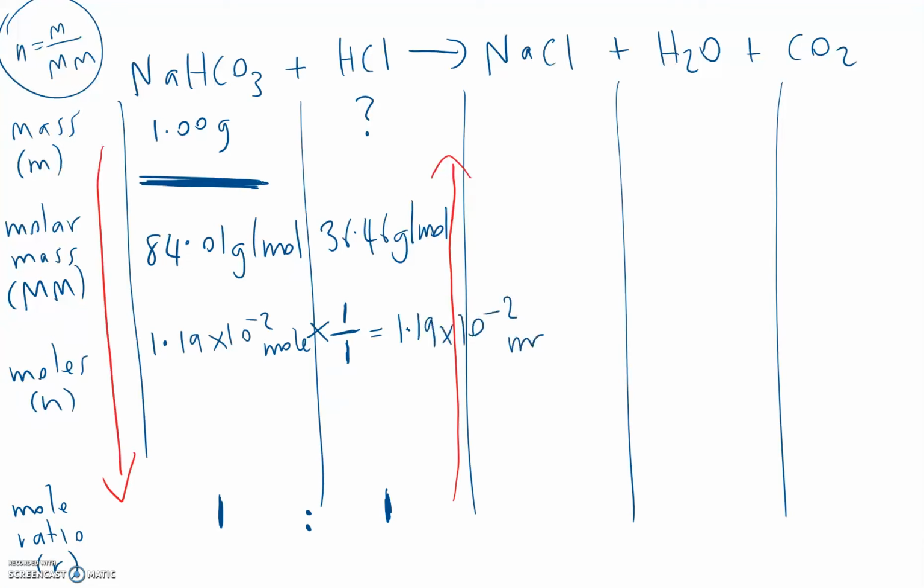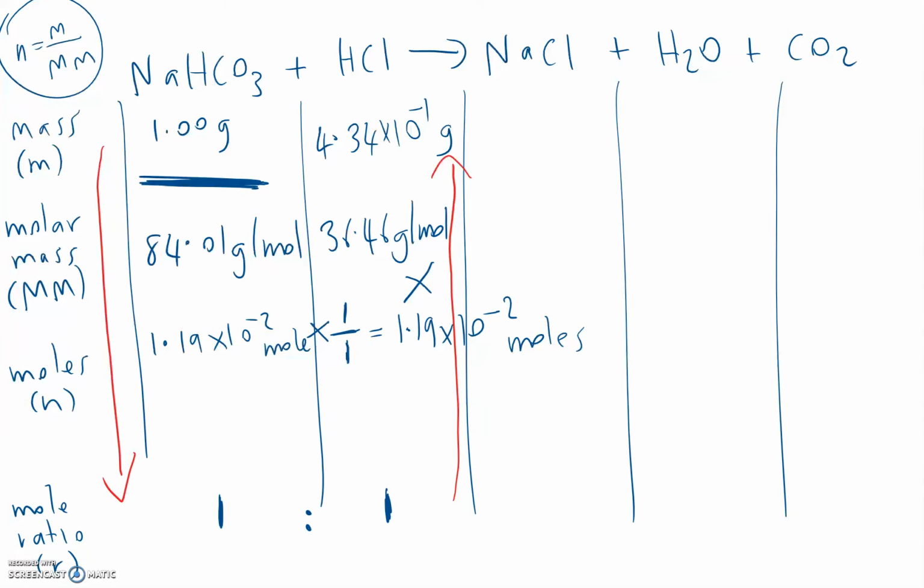And now I'm working my way up, so I multiply my number of moles by my molar mass, and that will give me my final answer, which will be 4.34 times 10 to the minus 1 grams of hydrochloric acid.